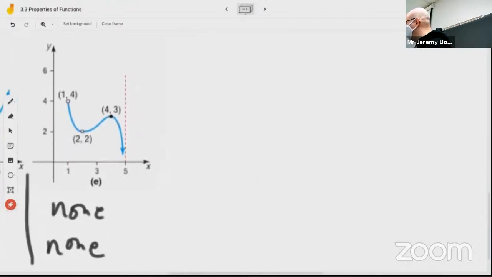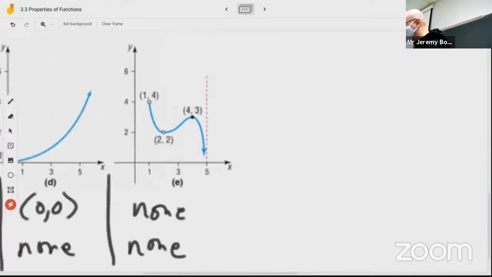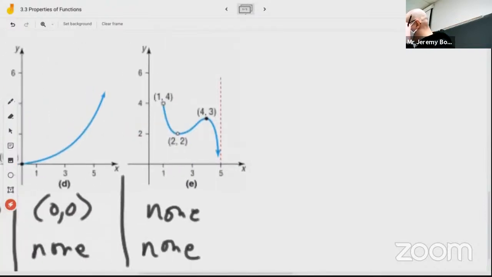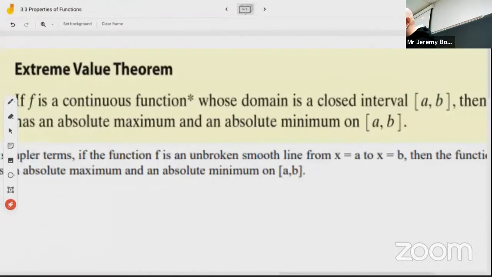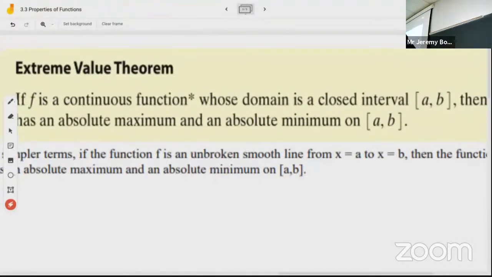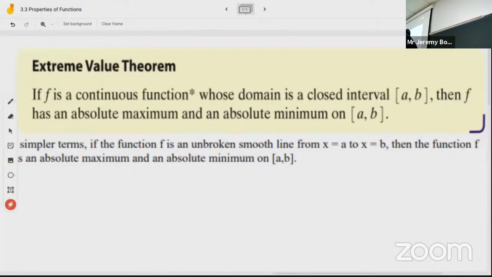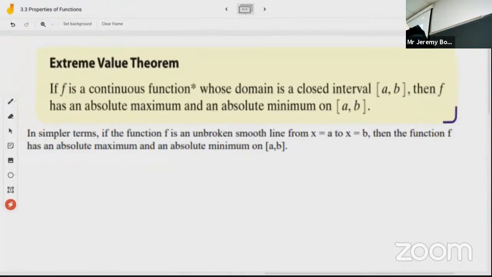Now notice some of these were open intervals or half-open, half-closed. That means the endpoints aren't defined, or they're open circles. But there is a note. Let me zoom out. All right.